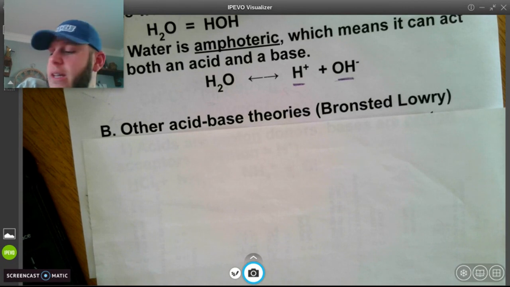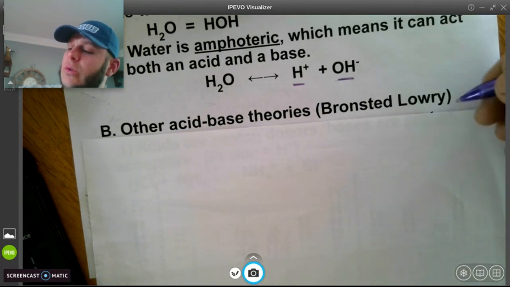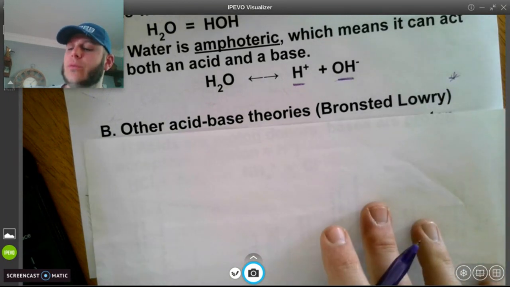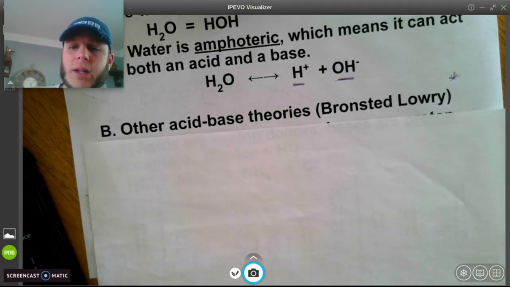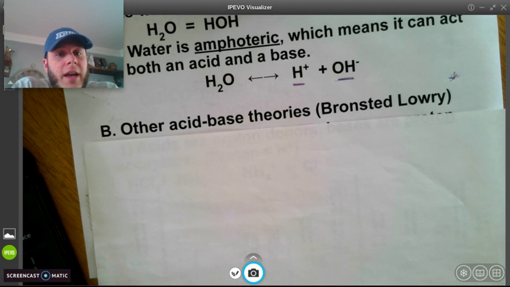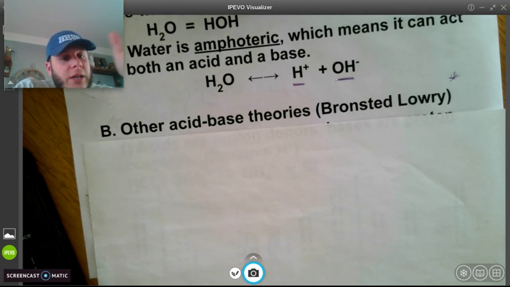So my mini spiel is that when taking a Regents exam, it used to be referred to as the Bronsted-Lowry, which makes a lot of sense because the Bronsted-Lowry definition of acids and bases is the one that is used more universally because it's a more comprehensive definition than the Arrhenius. But the Regents likes to stick with the first theory more so than the current most up-to-date theory.